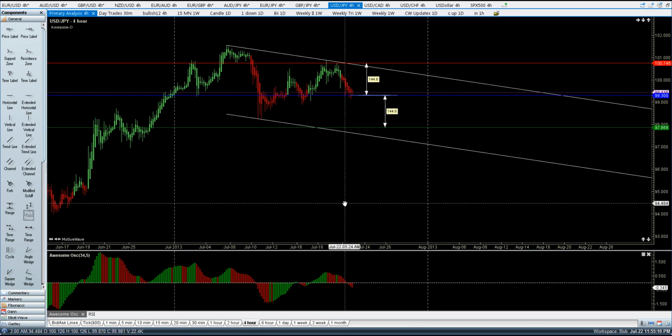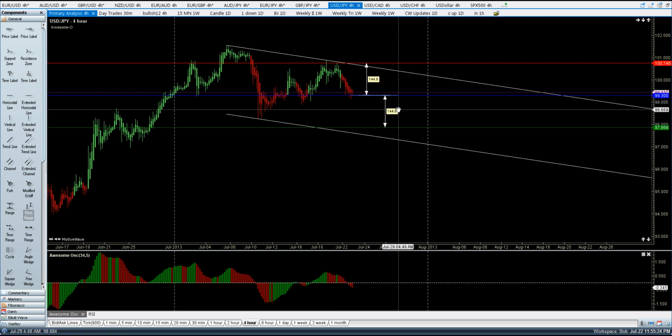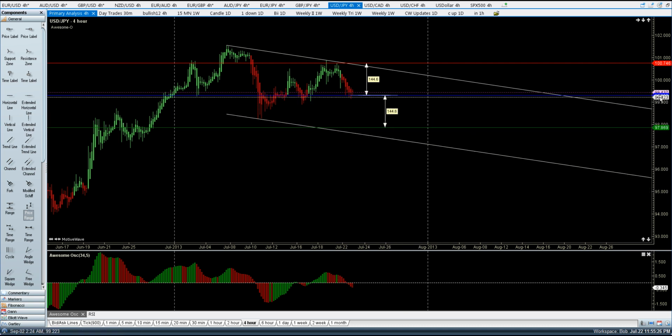Dollar yen actually triggered a zero line cross. Did I do that right? Actually, the cross is down here. Yeah, down one more.